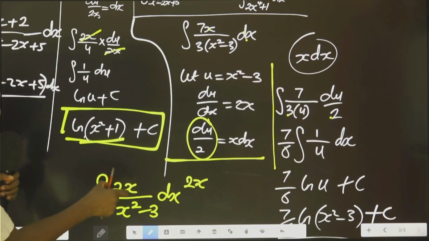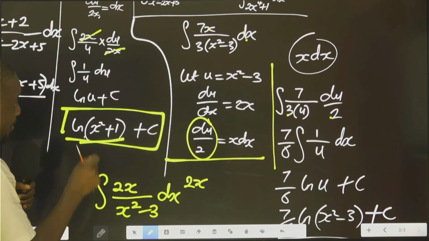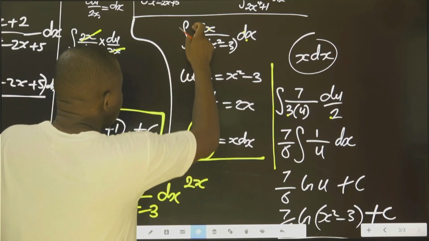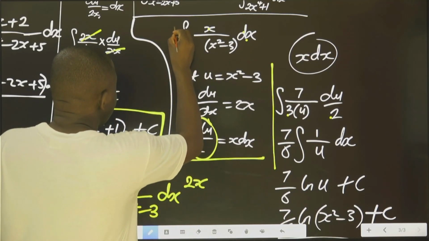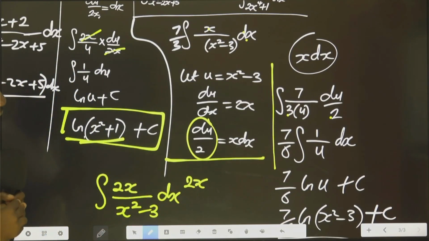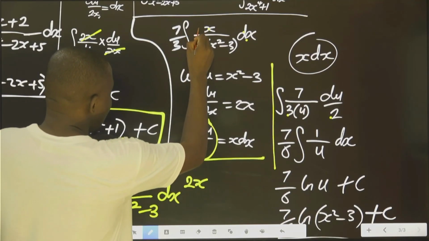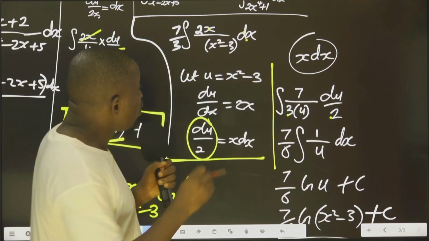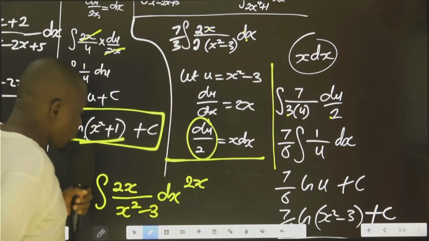If I have something like this, it's a perfect way of jumping straight, but I don't have it now. Because I know that this is the ideal situation, and I don't have it, I will simply bring out this 7 and this 3. 7 over 3 comes out. Now, I need 2 here. That is a forgery. To remove the 2, I will bring another 2 here. These 2 will cancel these 2.